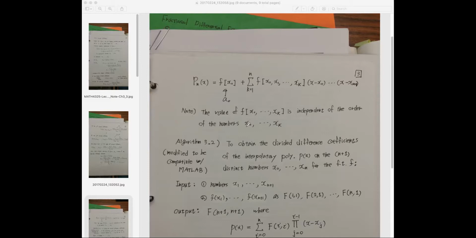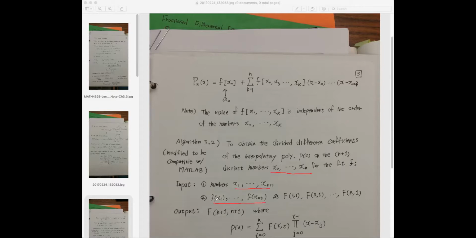Now we're going to see how to design the algorithm for finding divided differences. To obtain the divided difference coefficients of the interpolatory polynomial P(x) on the n plus 1 distinct numbers x0 to xn, these are nodes, the input must be x1 through x_{n+1}, and f(x1) through f(x_{n+1}).